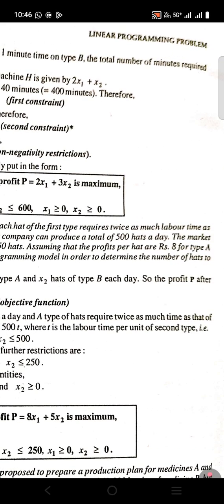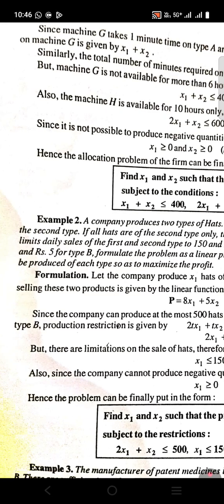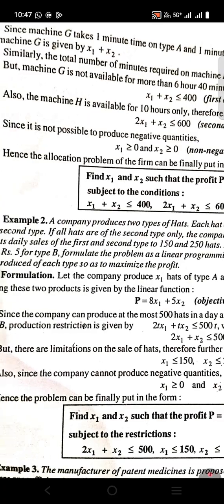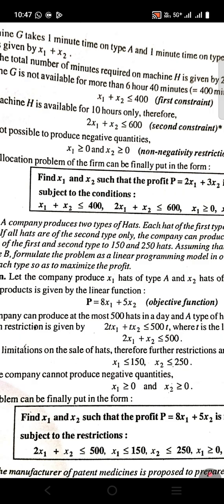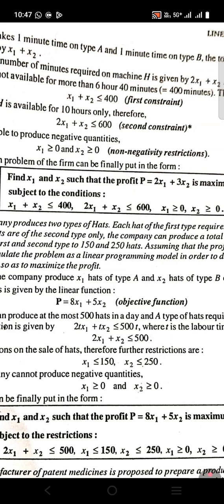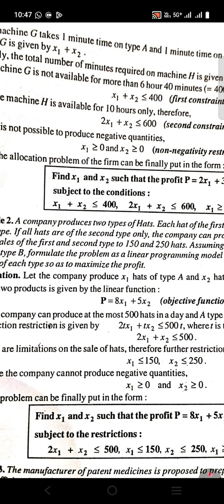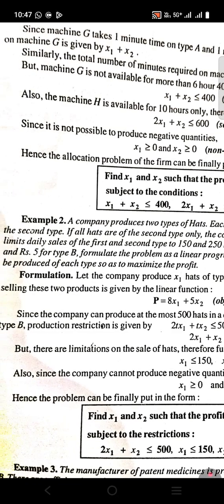Assuming that the profit per hat is rupees 8 for type A and rupees 5 for type B, we consider x1 hats of type A and x2 hats of type B, and therefore the linear function P equals 8x1 plus 5x2. That is the objective function.